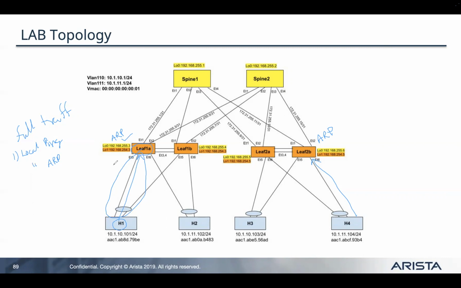But if the local ARP is learned, then next we check the ARP for the remote host, whether we have an updated ARP and MAC. Let's check both MAC and ARP. So the next step is whether MAC and ARP are learned for the remote host or not.